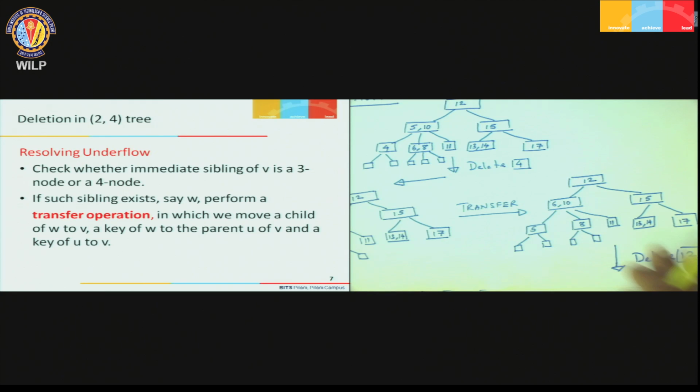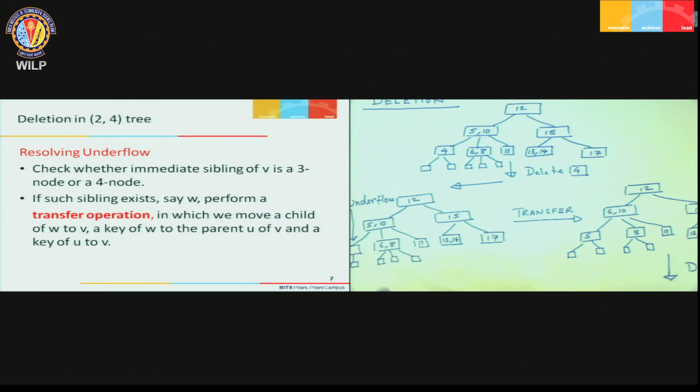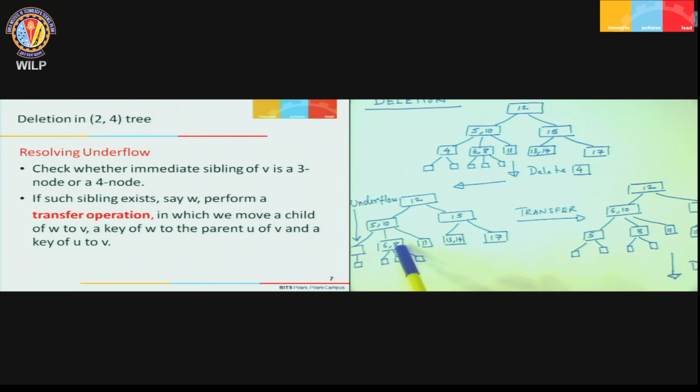So, if you observe here, this is V, this is W, and this is the parent of V, which is U. Under this we transfer one child from the right sibling to be a child of V. We move a key from here to the parent at which the underflow has occurred.